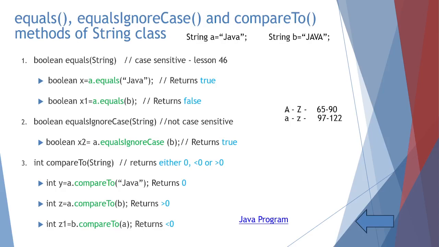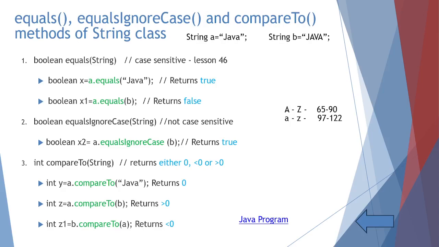But B has the second character capital A, that is 65, whereas in A, lowercase a, 65 minus 97 is negative. It is minus 32 actually, the difference, if both of them are the same characters. So less than 0. By looking at this, we understand B is a smaller string in terms of Unicode than A.